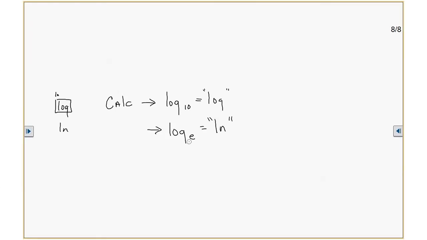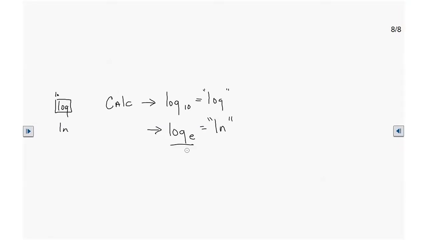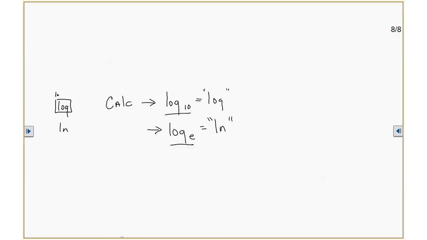Now you need to make a note of this because a lot of people don't know what natural log is. Well, now you know. Whenever you get confused about natural log, change it into log base E, and you may confuse yourself because you're used to getting LOG. Usually most teachers start with LOG before they go into natural log.